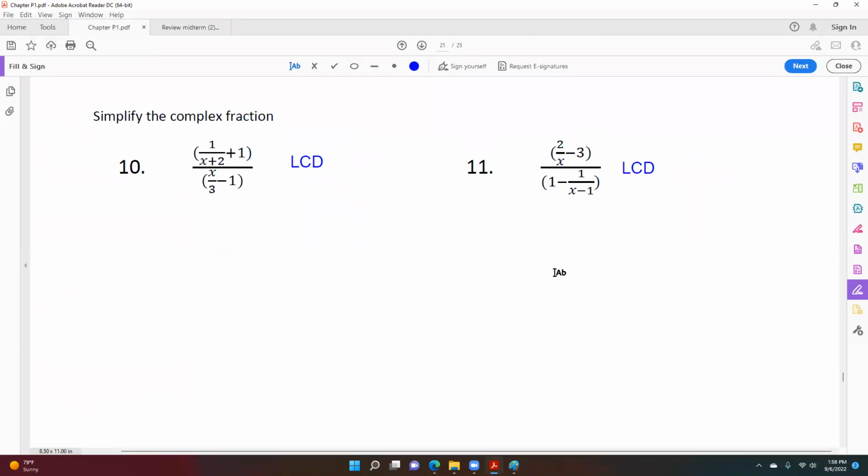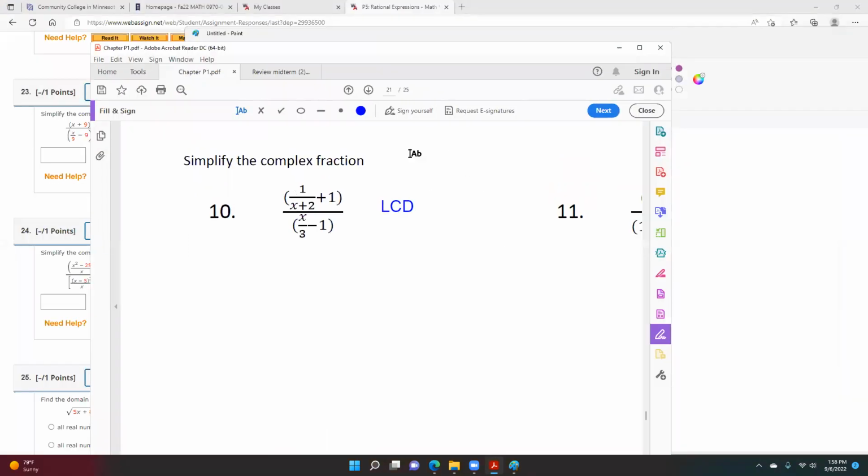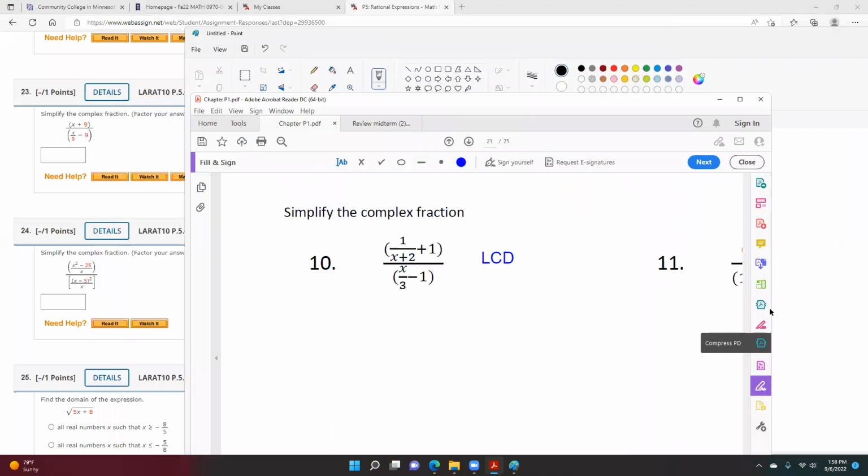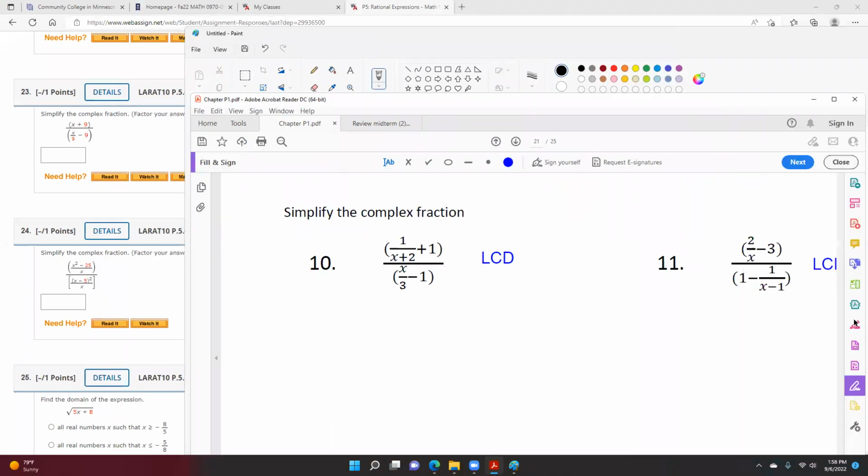Anyone know why these two questions need the LCD, like we did, but not 24? Because you're subtracting and adding on divisions. Yep, that's correct. The reason why we find the LCD here is we are subtracting and adding, doesn't matter if add or subtract.